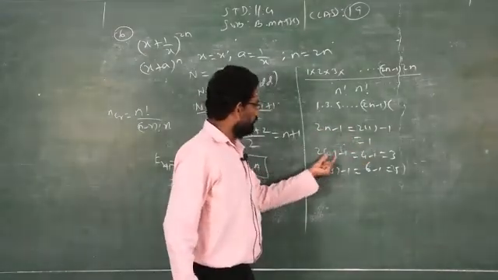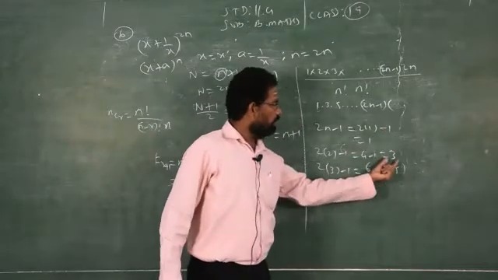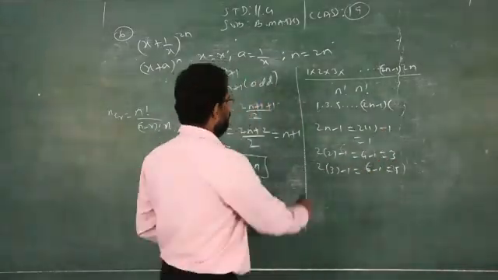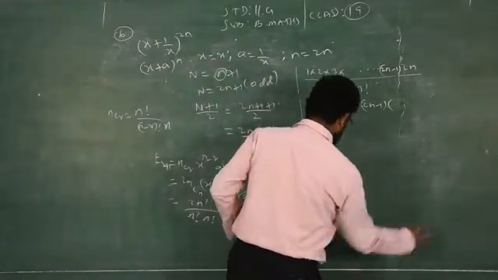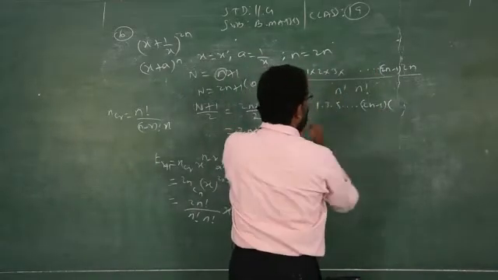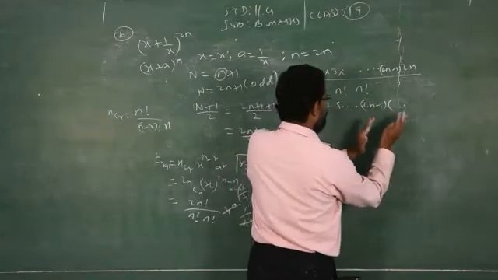Replace n by 2, I got 3. Replace n by 3, I got 5. Therefore, 1, 3, 5 are what, even numbers or odd numbers? Odd numbers. Therefore, I can straight away separate the entire factorial into a factorial with odd numbers and a factorial with even numbers.